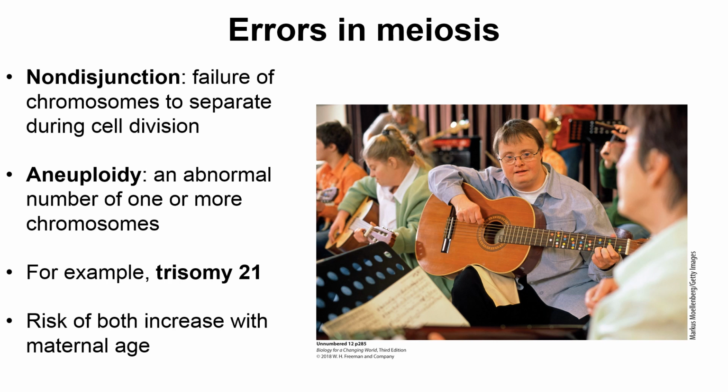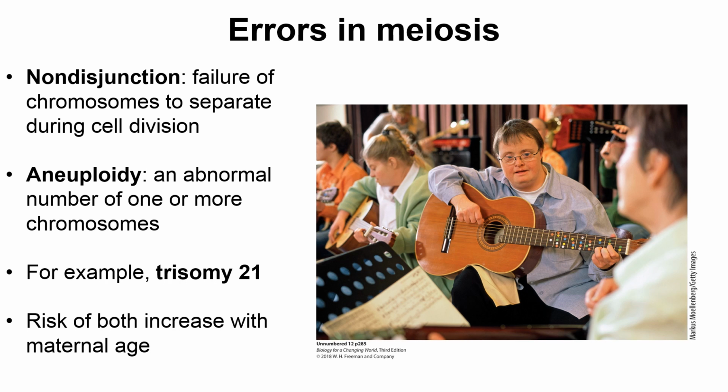However, there are some cases in which the chromosomes fail to separate, and we end up with cells that have extra chromosomes. An example of this is aneuploidy, which basically means that we have an abnormal number of chromosomes. An example of this is trisomy 21.